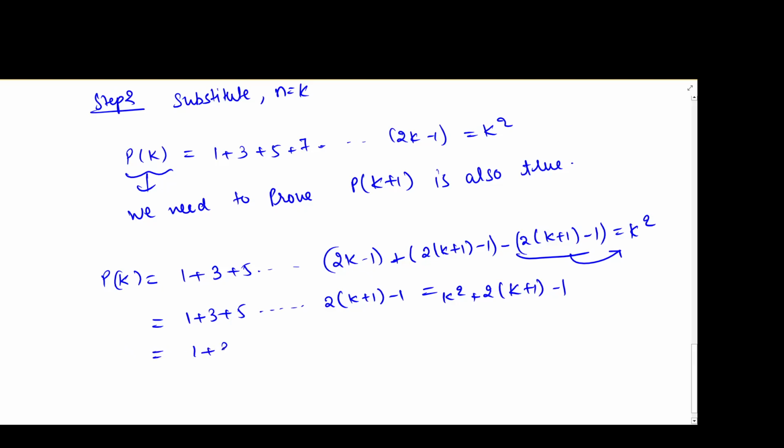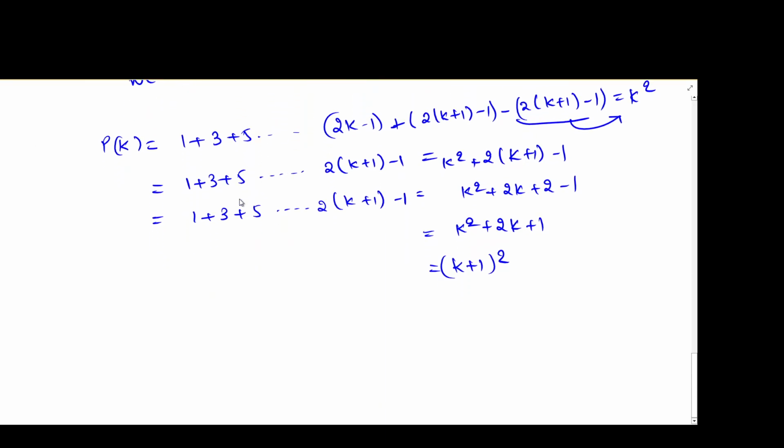So 1 plus 3 plus 5 up to 2k minus 1 plus 2k plus 1 is equal to k square plus 2k plus 1. We can simplify k square plus 2k plus 1 as k plus 1 whole square.